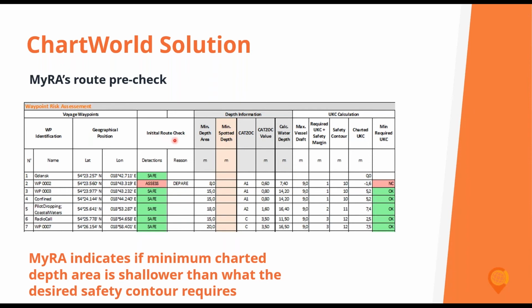Hence, the initial route check is saying there is something not in compliance with what you want. We're talking about depth areas. So this minimum depth area could be a value from, for instance, 8 to 20 meters.